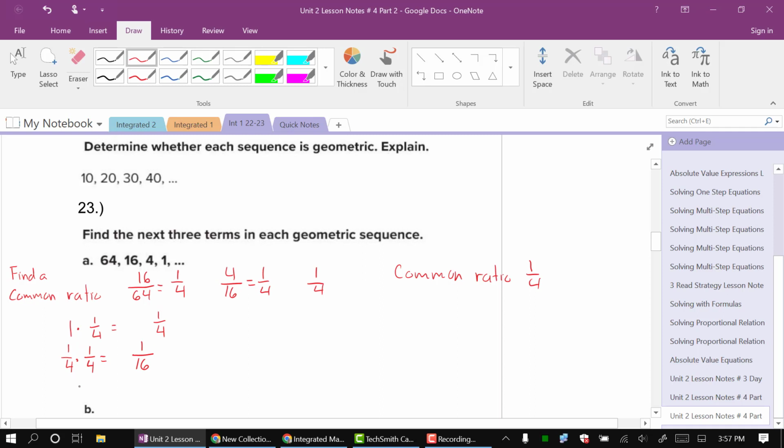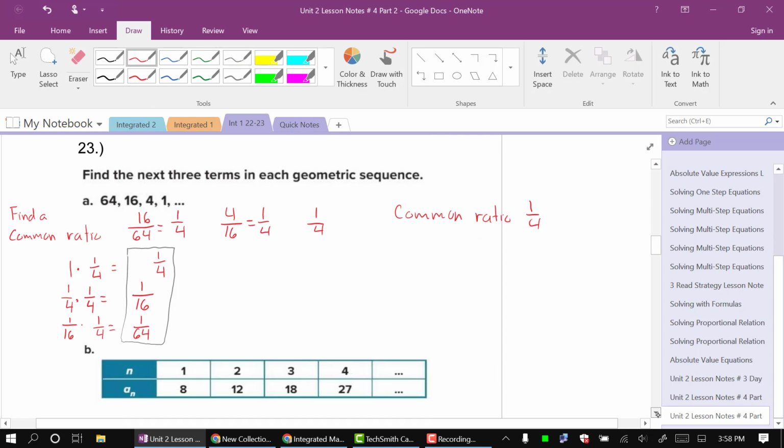I'm going to take that and multiply it by my common ratio. So 1/16 times 1/4 gives me 1/64. So these are my next three terms in my geometric sequence.